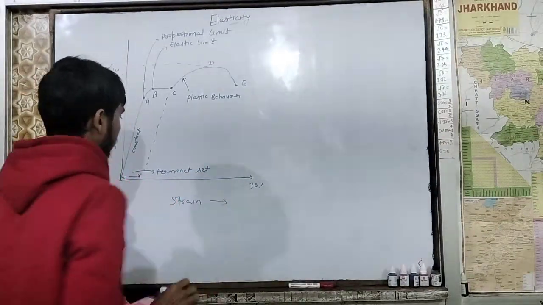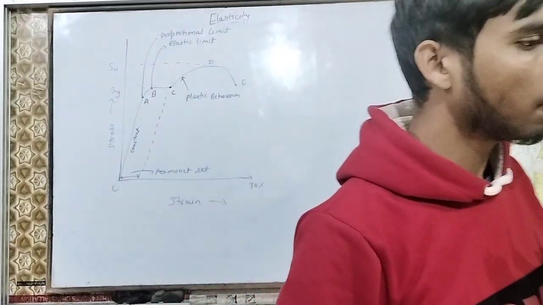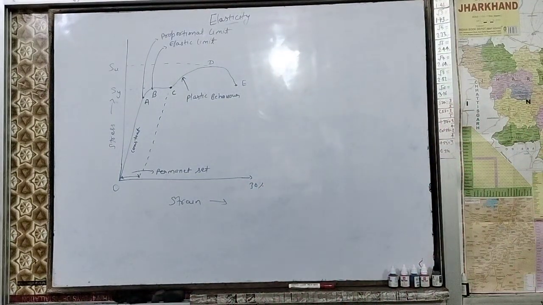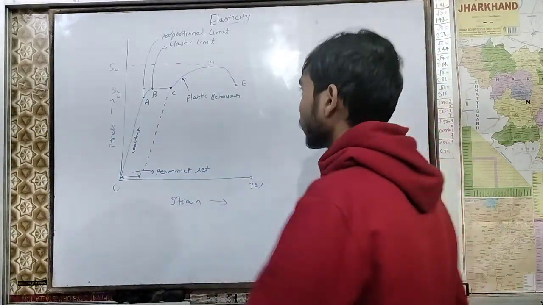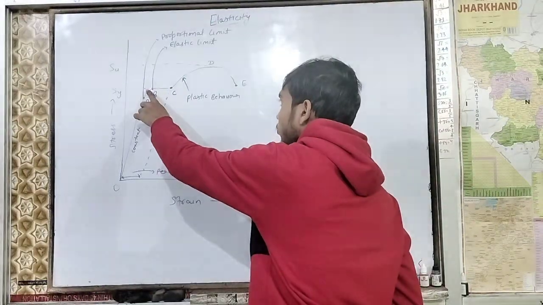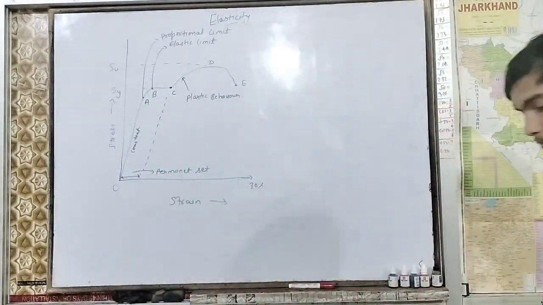Permanent set means our body becomes plastic permanently, not temporarily. This is the meaning of permanent. Remember, from here to here will be our permanent set.